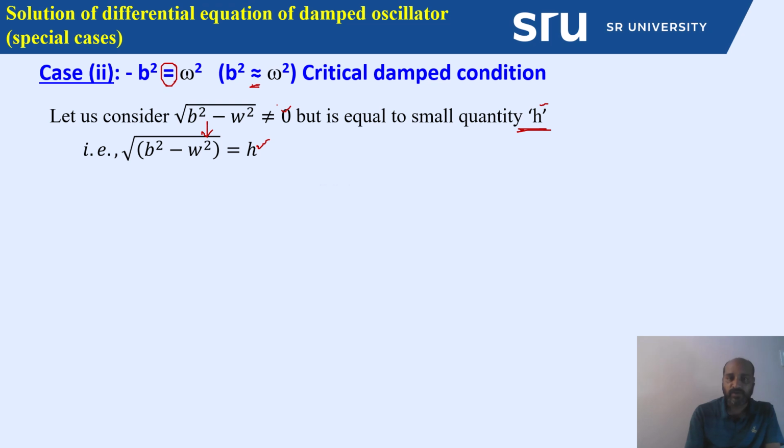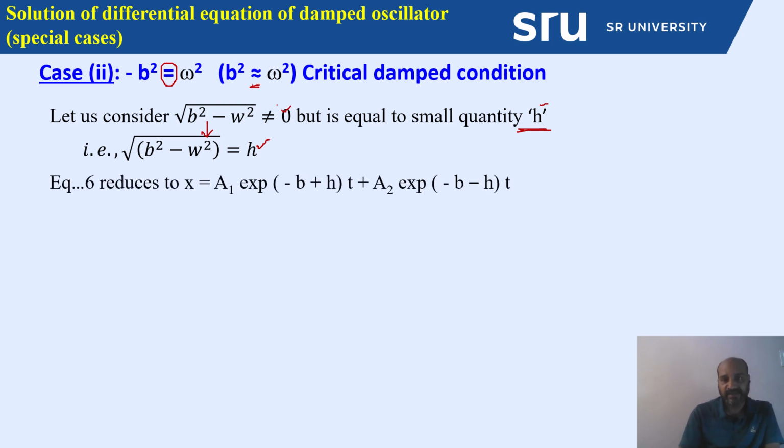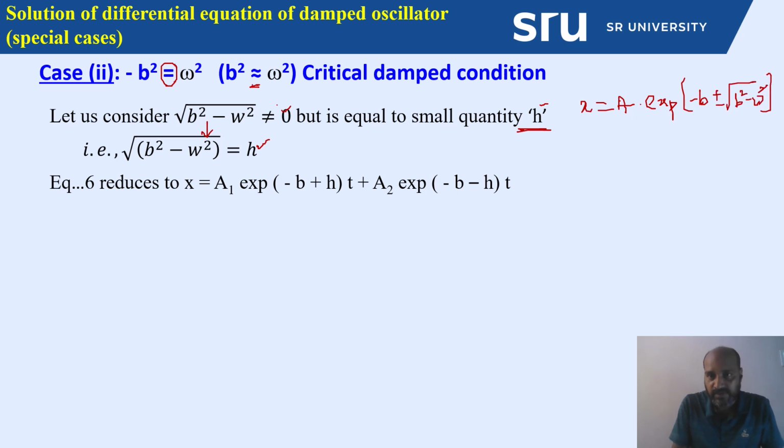If it is a small value h, then equation 6, x is equal to a exponential minus b plus or minus under root b square minus omega square, will change. Here two roots are there, plus or minus. The first root is a1 exponential minus b as it is, and instead of the under root, plus h. One possible root is plus h, and the second possible root is minus h.